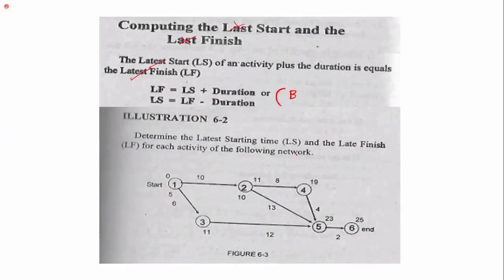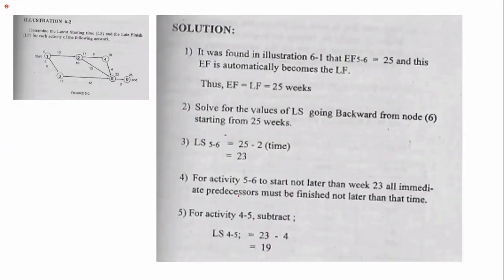In this example, we begin at event 6. Backward pass: determine the latest starting time and late finish. The first is the duration, which is 25 weeks.